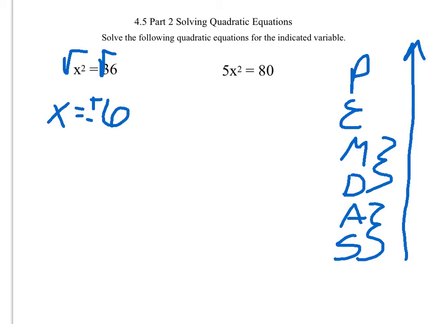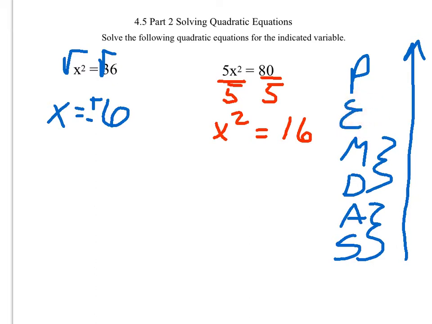Alright, so this next example, we're going to look at basically the same type of thing. We're going to work backwards through the order of operations. There is nothing to add or subtract away from this x. So now we move up to multiply, divide, and there is this 5 that we can divide away from our x. So we're going to divide both sides by 5. So now we have x squared equals 16. The next step to getting x alone is to work on this exponent.